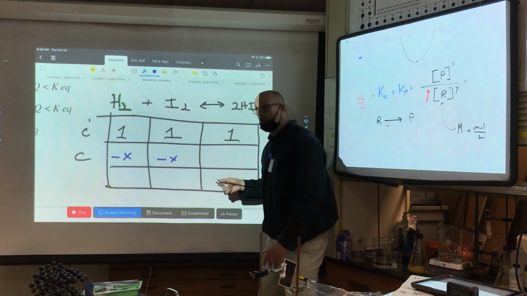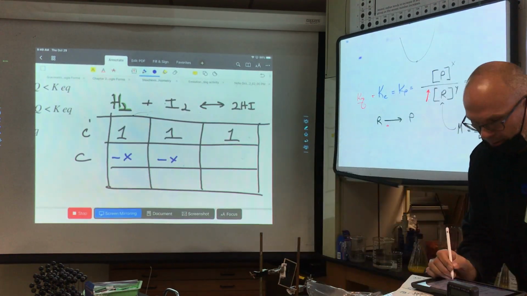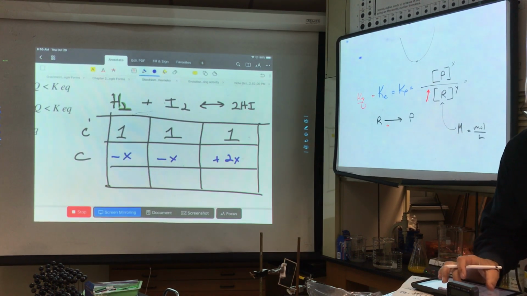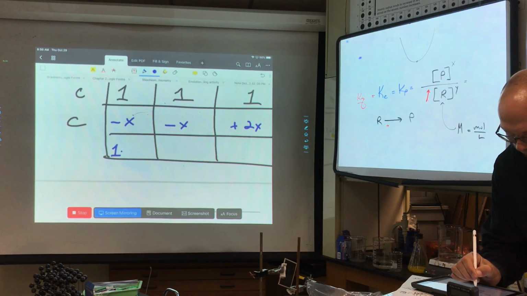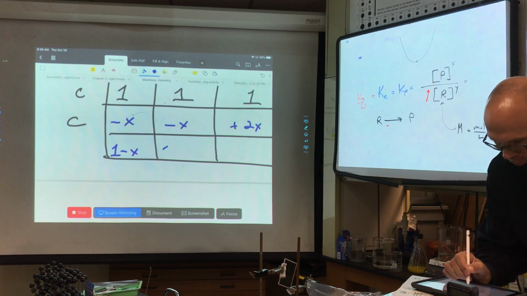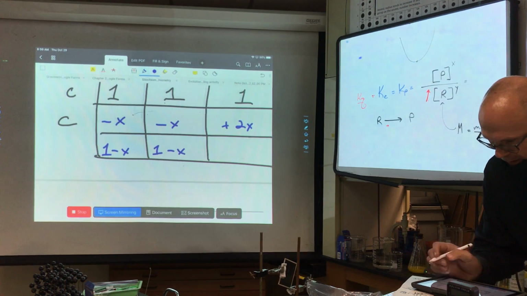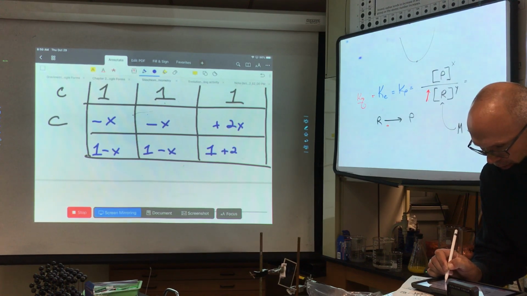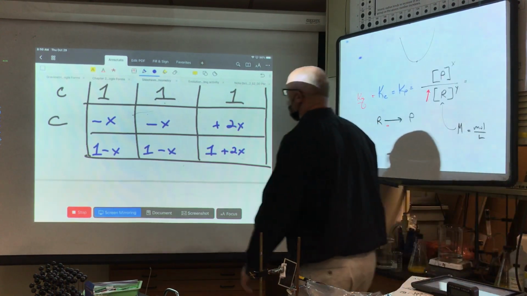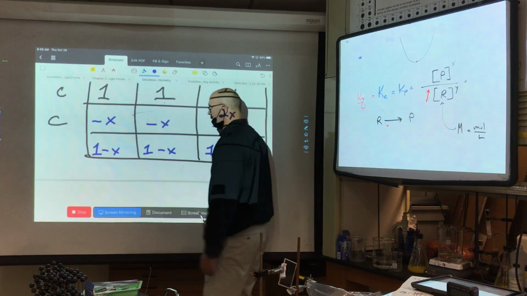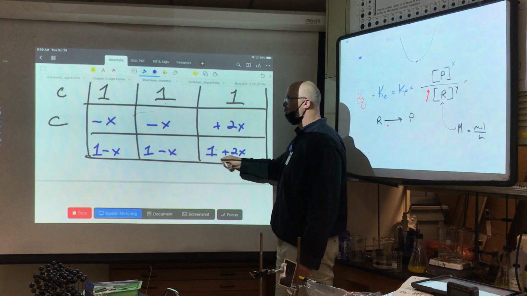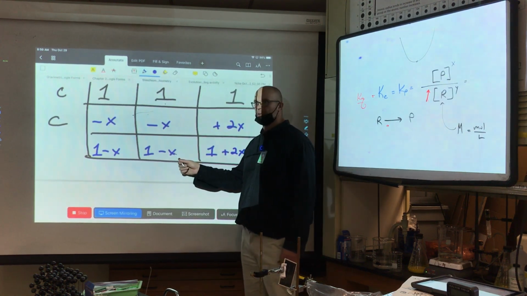Right, so it's going to be plus what? Good job. Do the math. 1 minus x, if I was Yoda. 1 minus x. And then 1 plus 2x. So all it means is what? This is going to increase twice as much as this decreases.